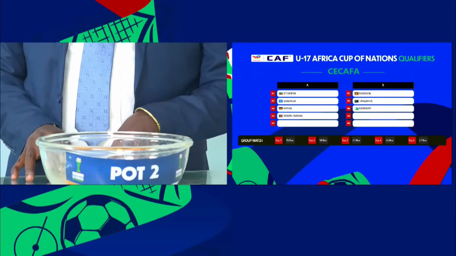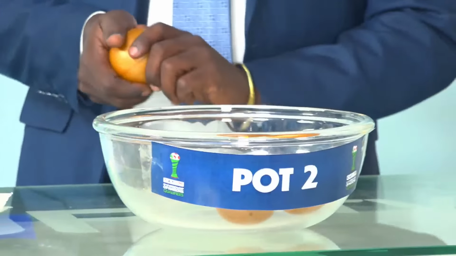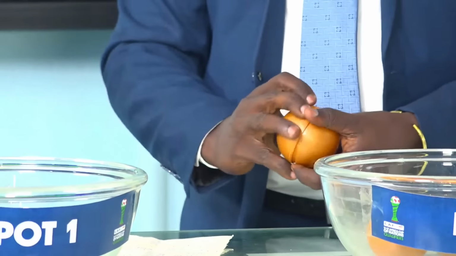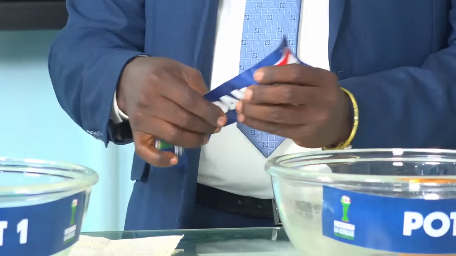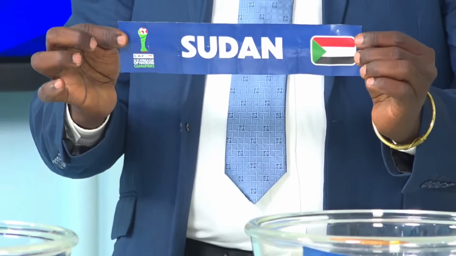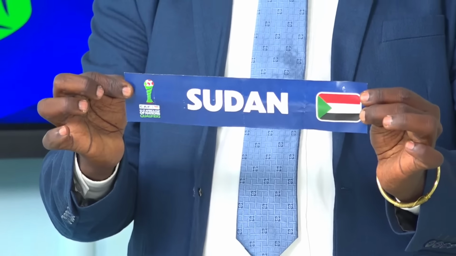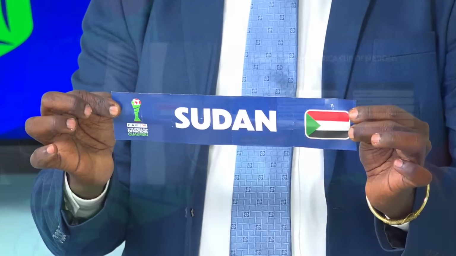The fourth ball that I pick from Pot 2 will go straight to Group B and will become B4. B4 is Sudan, so Sudan joins Group B.